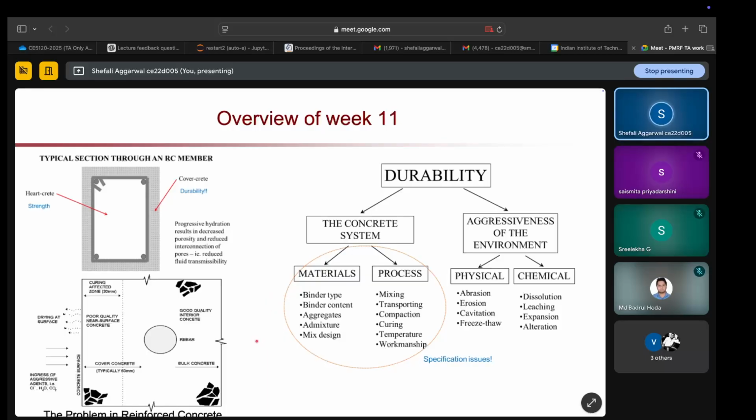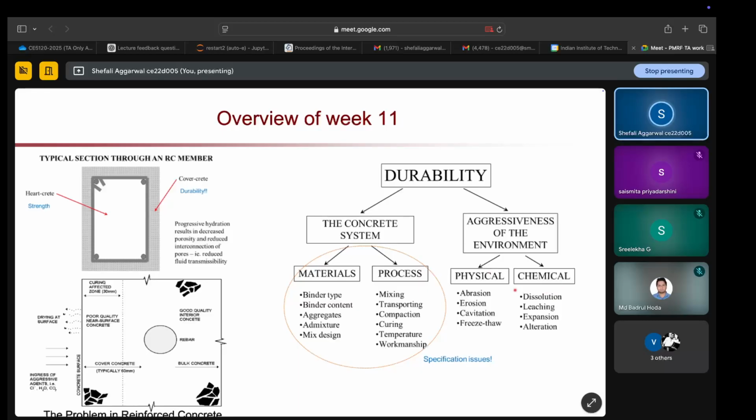Other thing is the process of concreting. When you are mixing, transporting, compacting, curing, the temperature, and your workmanship, all these things will affect your concrete system. Environment you can't control. However, in environment again you have two types, physical and chemical.